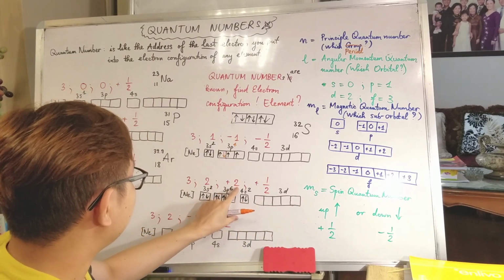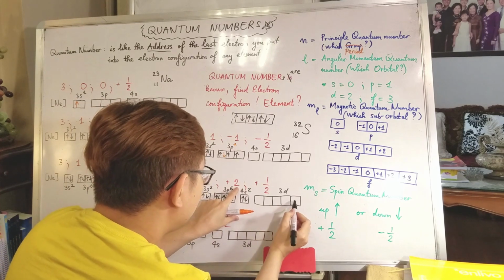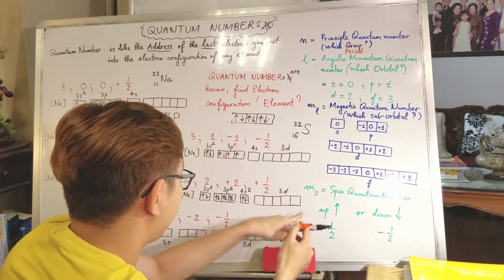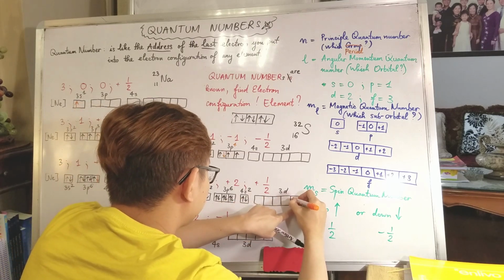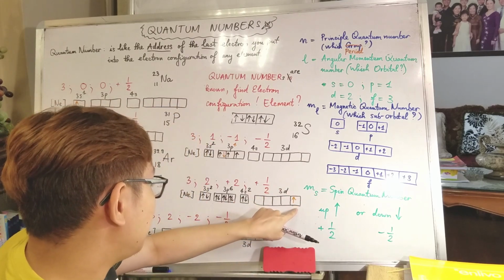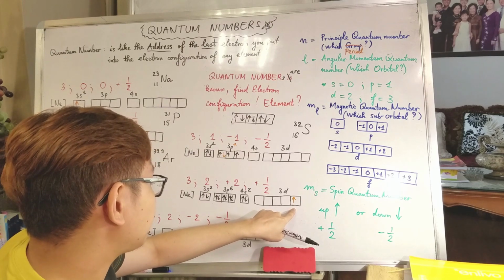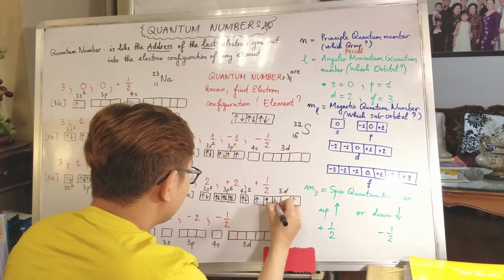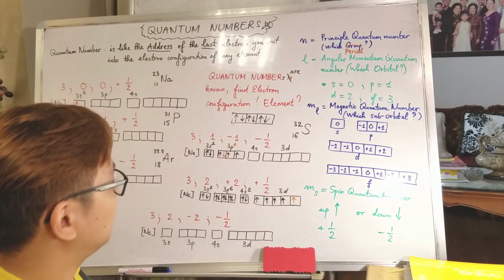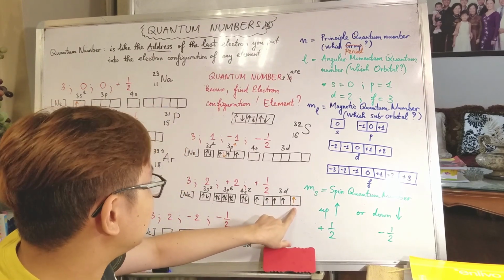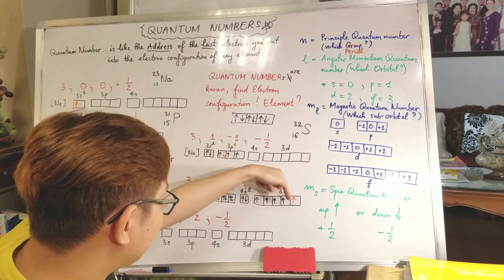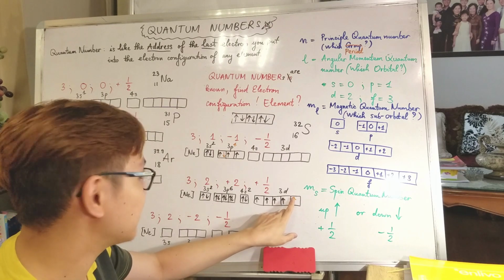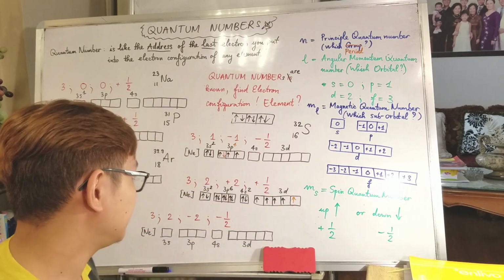And now it lies in plus 2, which means in here. It lies in this last square, and it's going up. Going up. What does it mean? If it lies in the last square and it's going up, it means that all these squares have to be half filled already too. And if it's the last electron, it means there's no going down anymore. It's because it's the last one. No going down anymore.